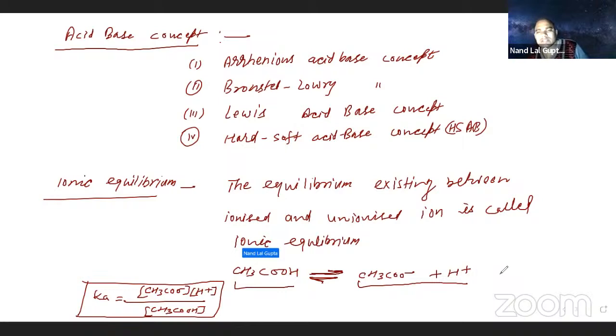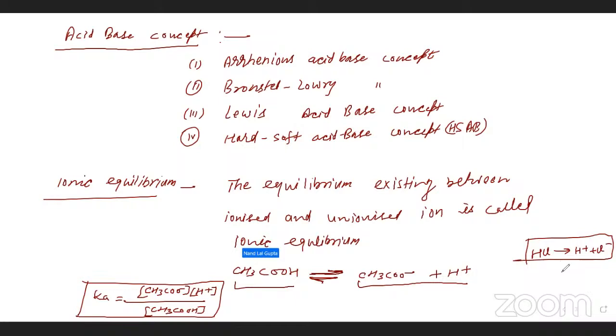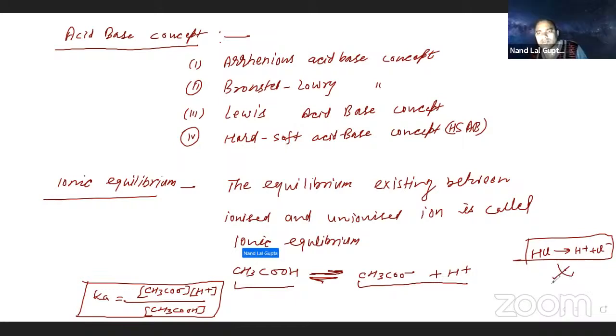That is why it is a weak acid. Now if you see HCl, it dissociates irreversibly into H plus and Cl minus. So this is different. Here no equilibrium will exist. It is irreversible.